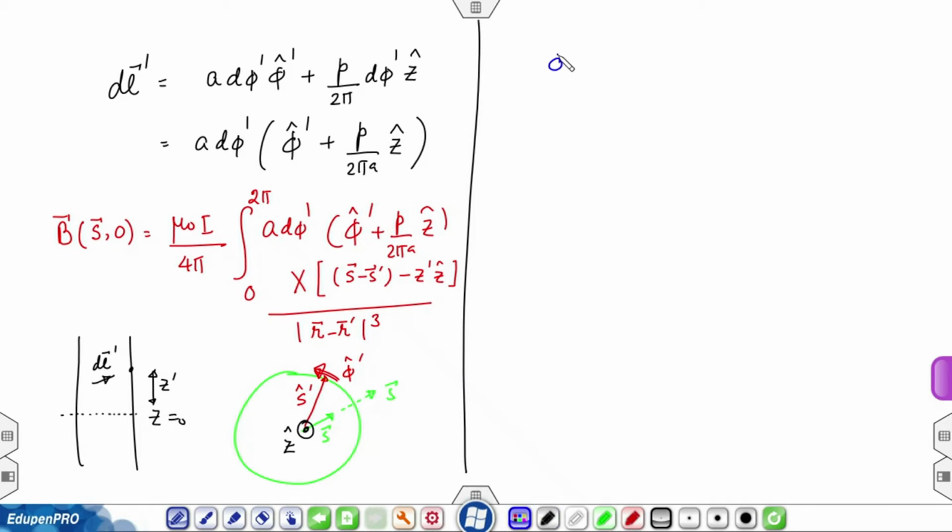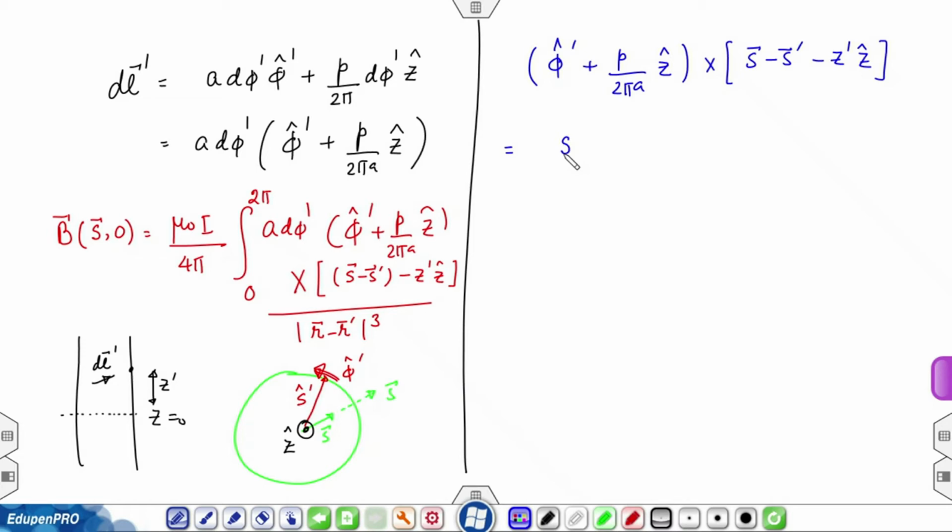The cross product I am calculating is phi prime plus p over 2 pi a z cross s minus s prime minus z prime z, which is going to be equal to phi prime cross s.